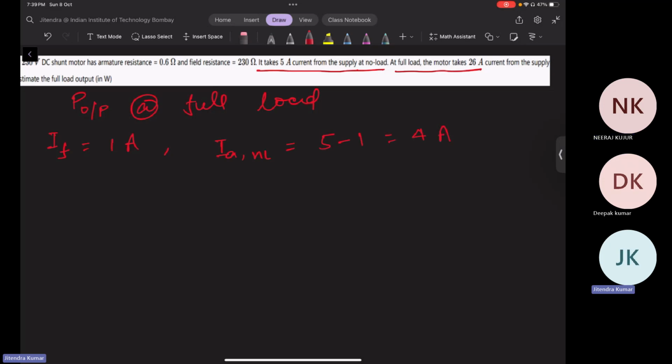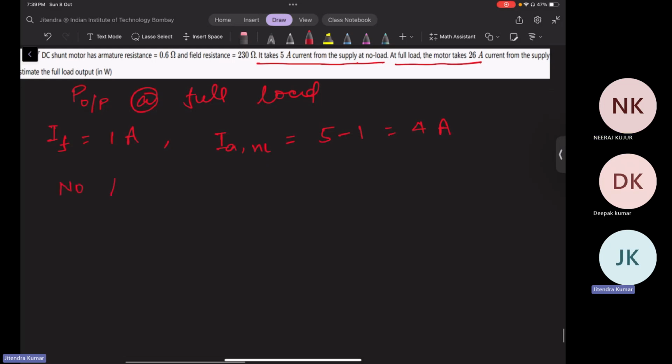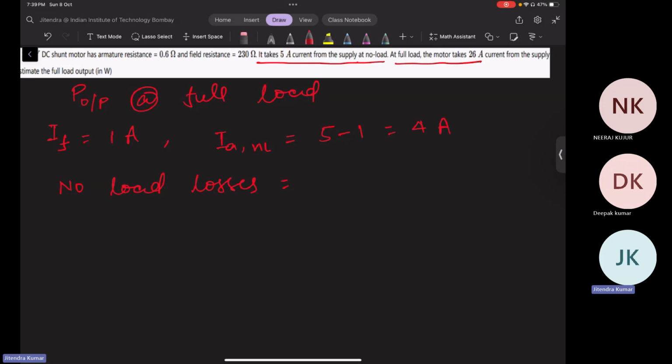So total no load losses will be how much? Total no load losses. 920? How, 4 square into 0.6, is that what you are doing? See, total no load losses will be what?